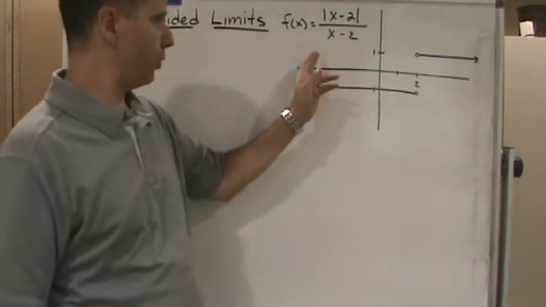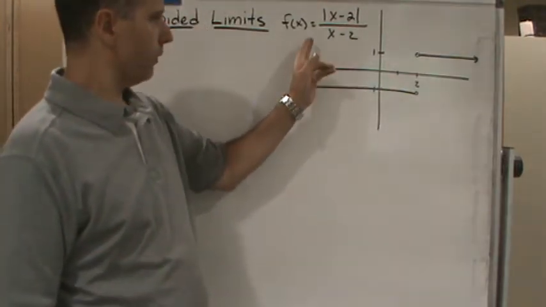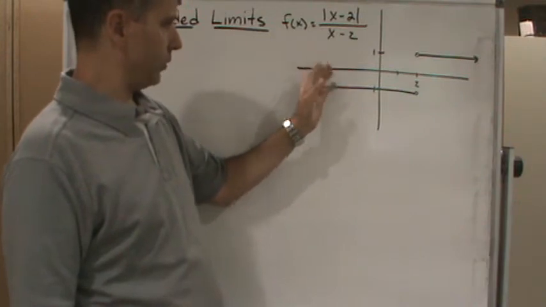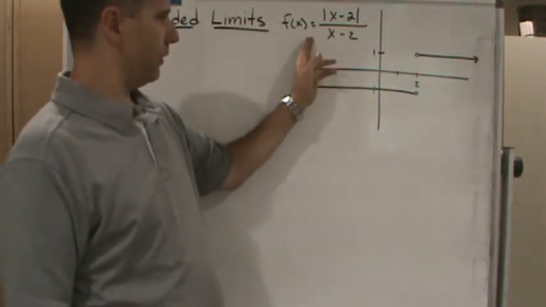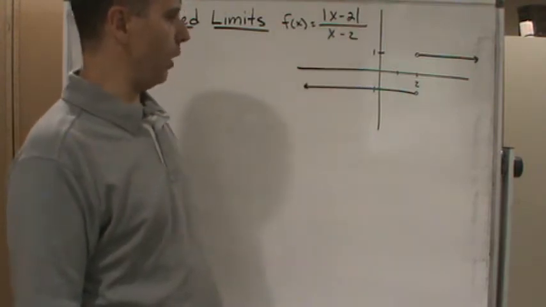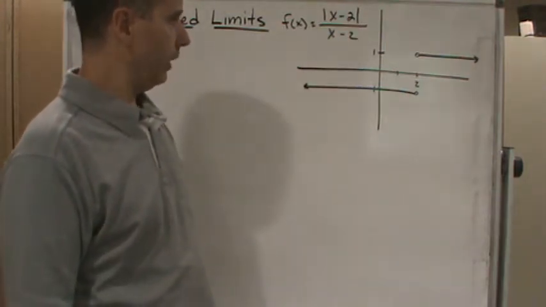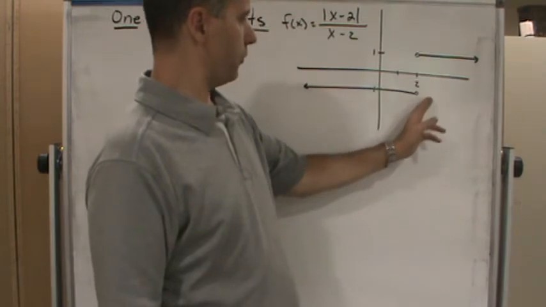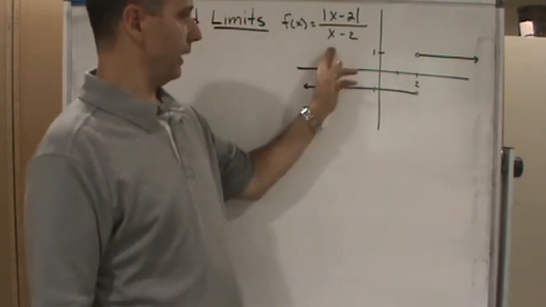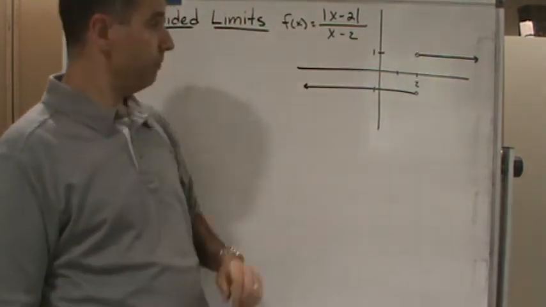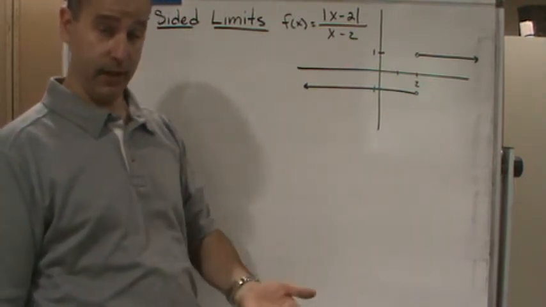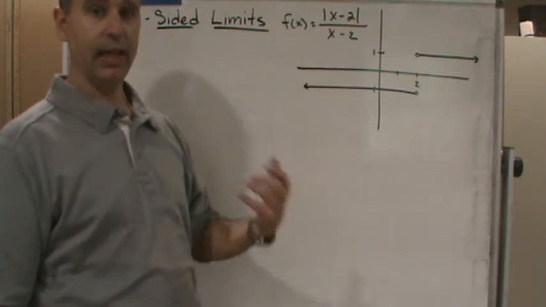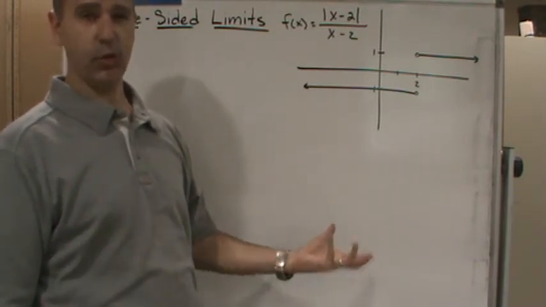Okay, but also, as x approaches 2 from the left, this is approaching -1, and as you approach 2 from the right, it's approaching +1. You could do this by setting up the tables and plugging in the values in the calculator, and you'll see that indeed it is going to 2 different values.